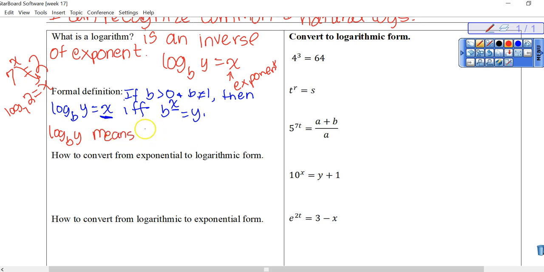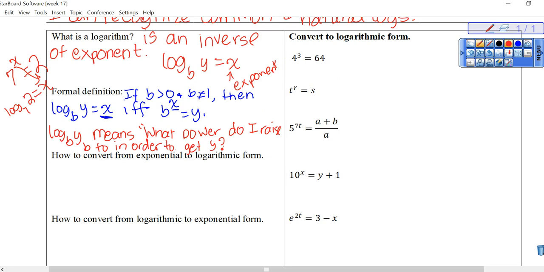It means what power do I raise b to in order to get y? Let me clean that up. So just always remind yourself when you're solving a log, you're looking for an exponent.